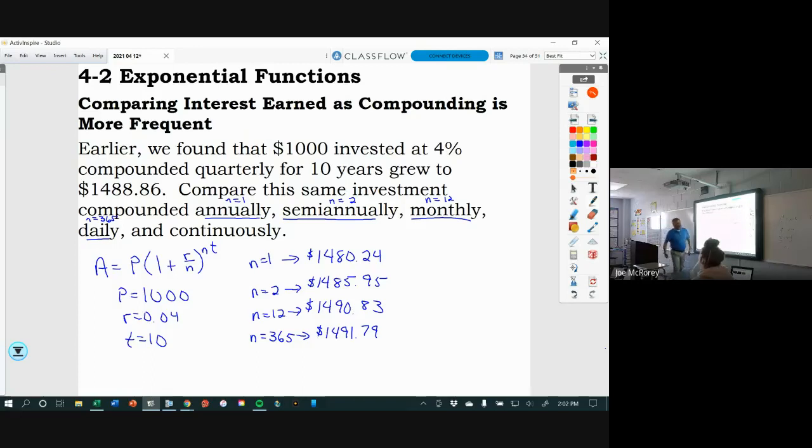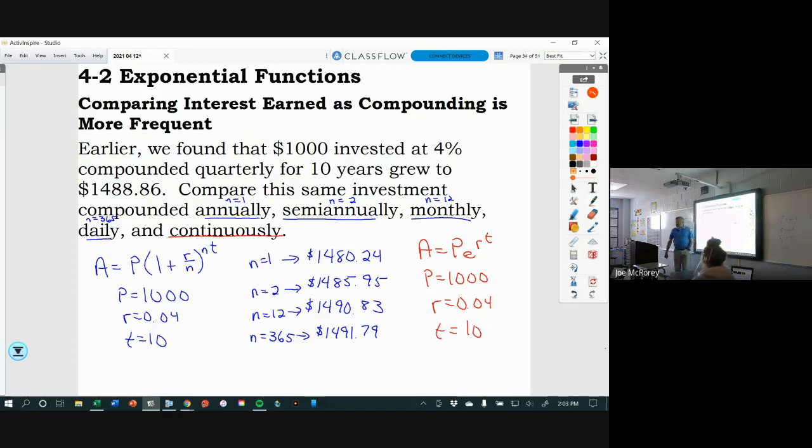And finally, continuously, e. We now have A equals P times e to the rt. P is still 1,000, r is 0.04, and t is 10.